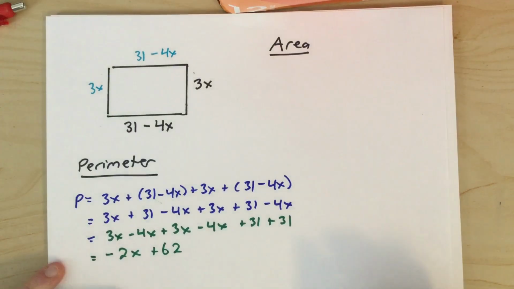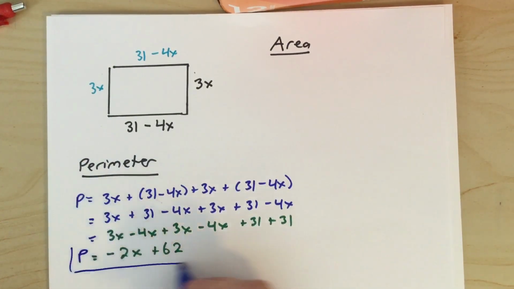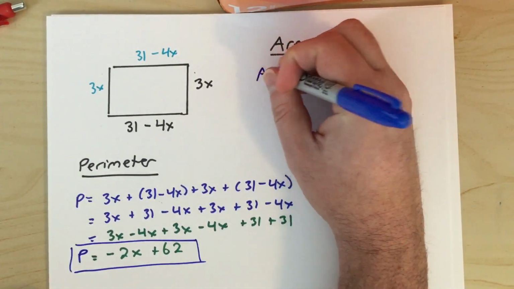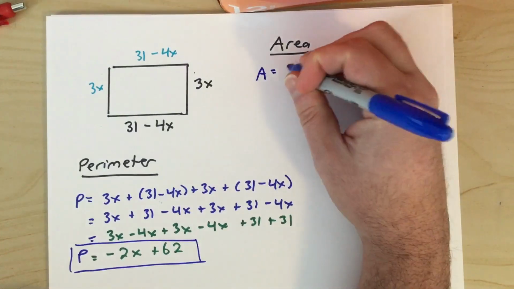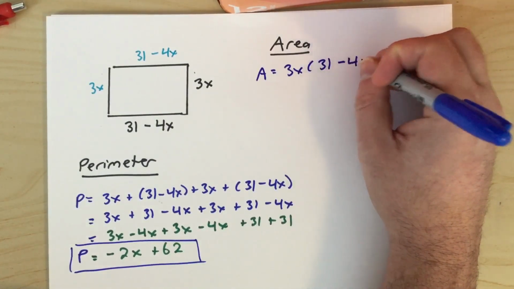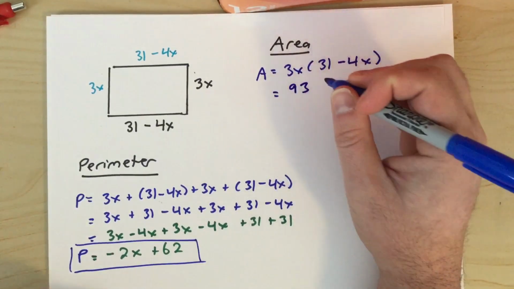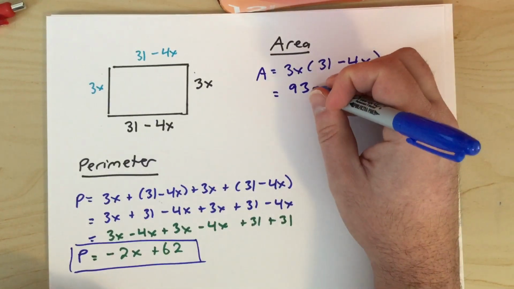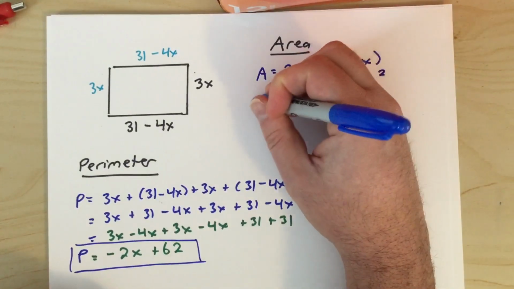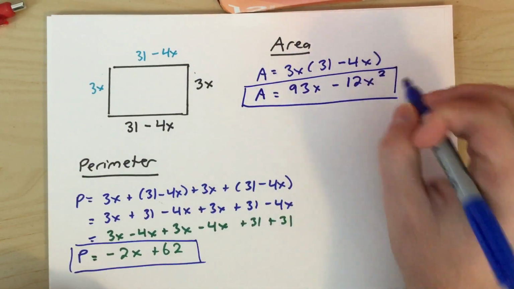So now, the area. We found the perimeter. The area is length times width, which is going to be 3x times 31 minus 4x, which is going to be 93x minus 12x squared. And so that's our area.